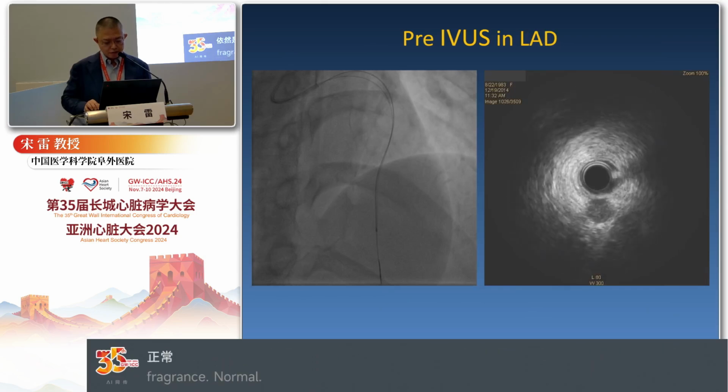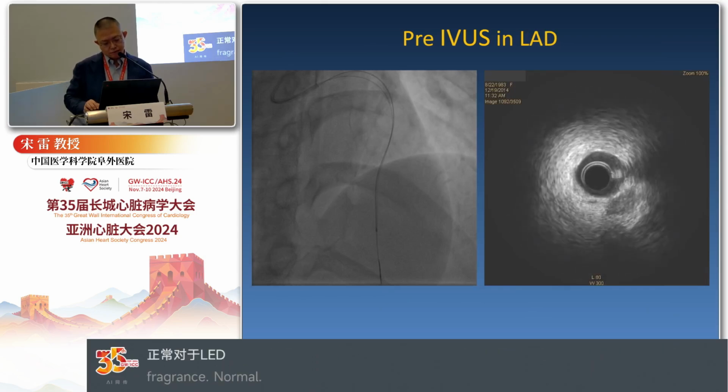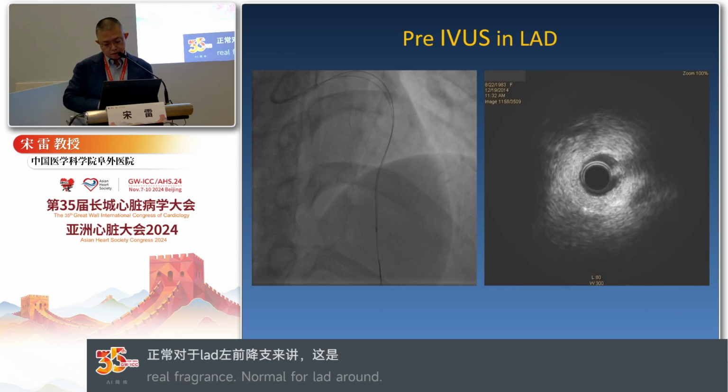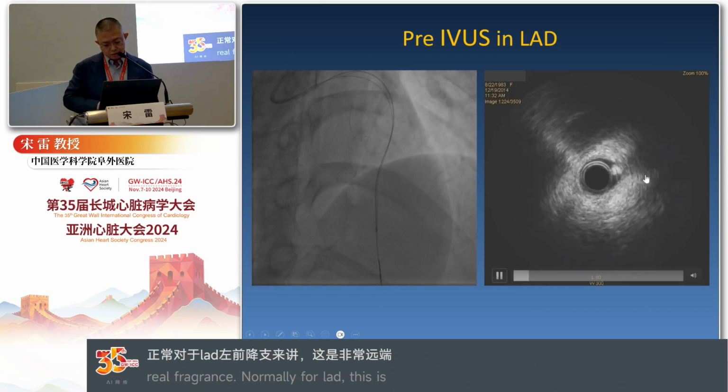For the LAD, from the very distal segment, the lumen looks very small.